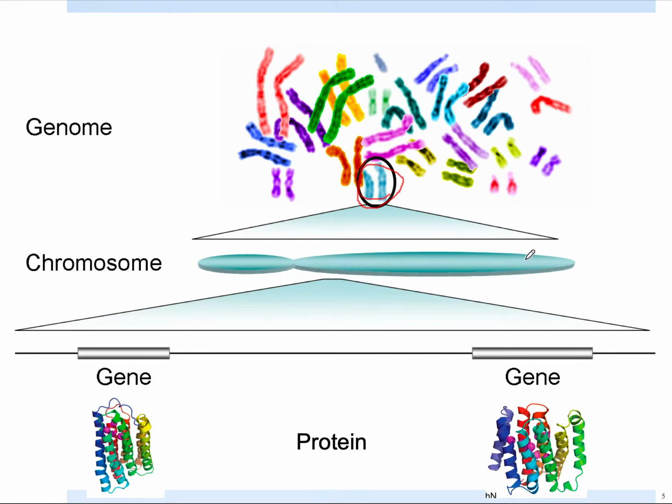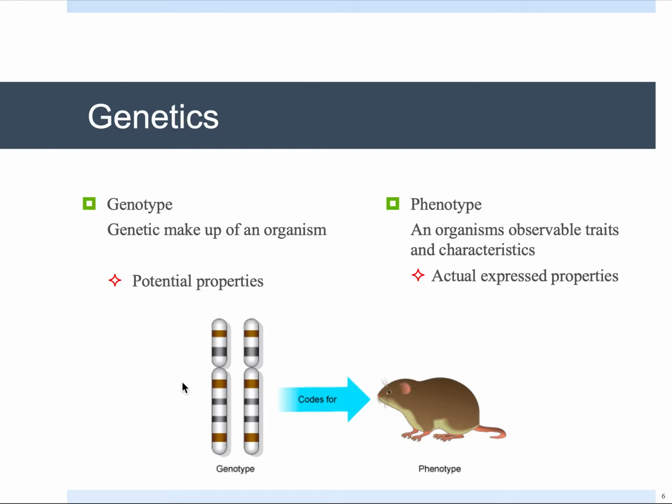So this is a chromosome. The chromosome is made up of DNA, and the DNA has segments which are called genes. And these segments will code for specific proteins. Okay, so that's how the interconnection is.